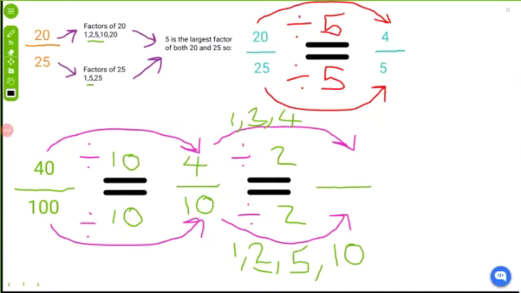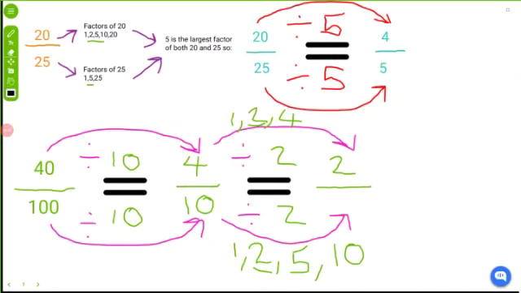So how many 2s go into 4? Let's do our 2 times table until we get to 4. 2, 4. So that goes in 2 times. So we can put a 2 here. That will be our numerator simplified. And then if we count in our 2s until we get to 10, we will find our denominator simplified.